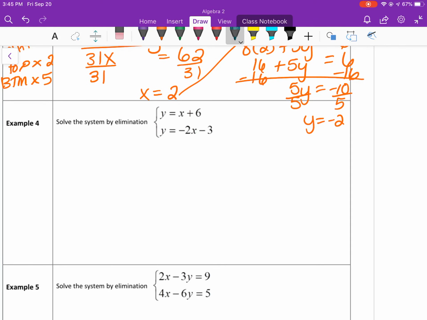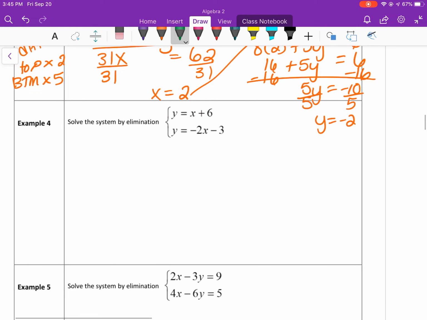Okay, example 4. My equations are lined up. I have y on one side of the equals, then x, then the constants. So I'm going to try to eliminate the x's this time. I have a negative 2x here, so I need a positive 2x on the top.